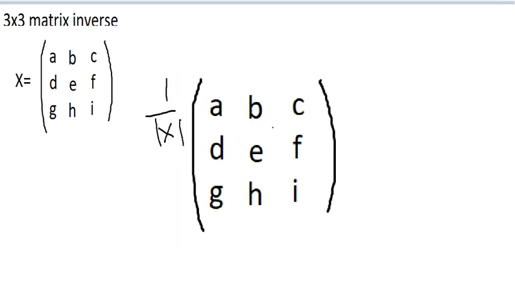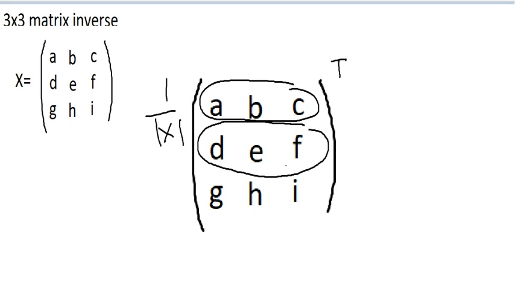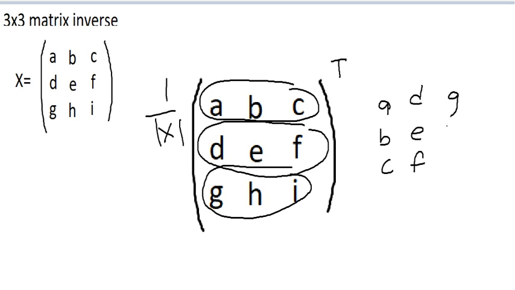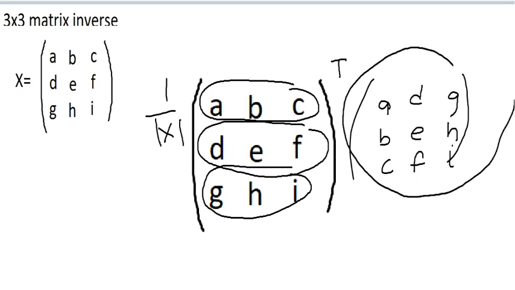So transposition basically means you make the first row become the first column, the second row become the second column, and the third row become the third column. So in this case it will be A, B, C, D, E, F, and G, H, I. So that's basically what transposition is. And once you're done with that, that's basically it. This is the inverse of the matrix.